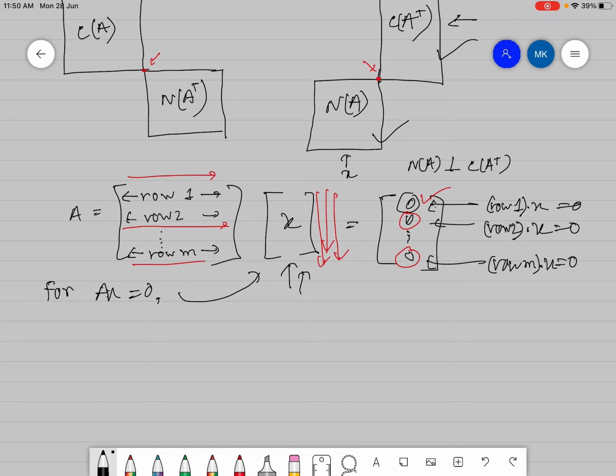So the whole row space is orthogonal to the whole null space of A, because you take any x from the null space and multiply every row with it, and you will get all zeros on the right hand side.